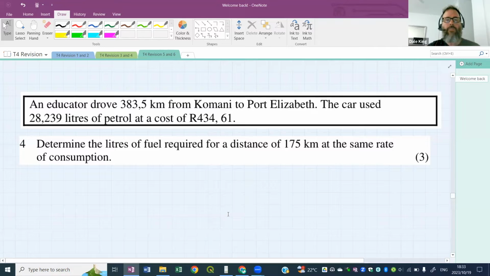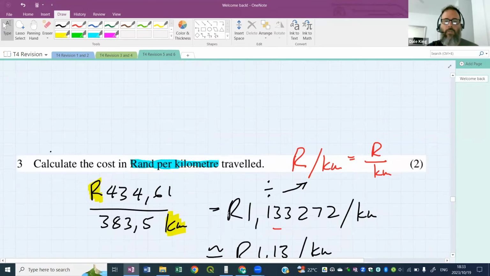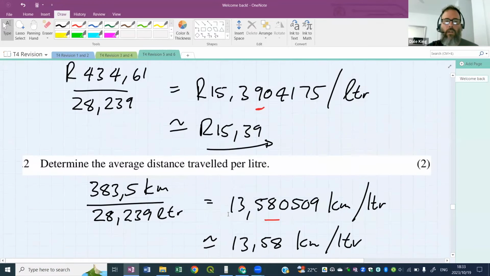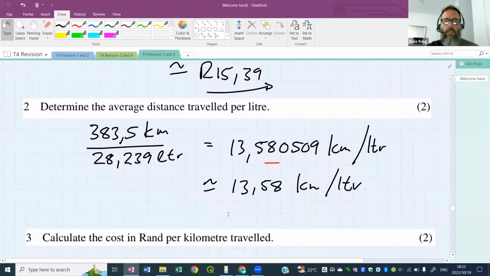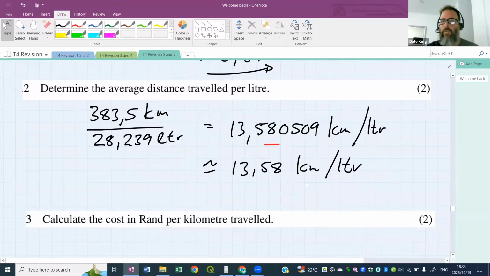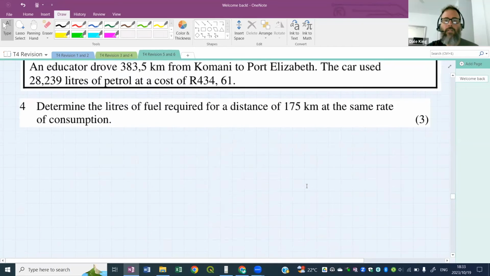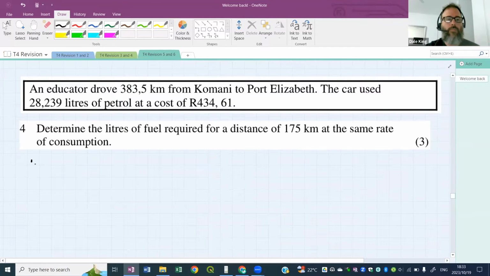So how many liters for a number of kilometers? Didn't we work that out somewhere? Liters per kilometer, or kilometers per liter. We've got kilometers per liter. You travel 13.58 kilometers for every 1 liter. I'll write that up here.